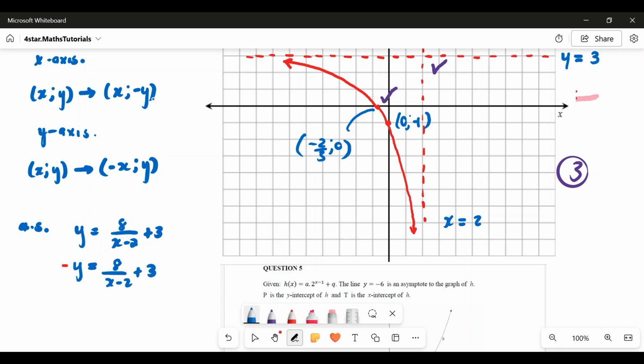We have applied this rule. Reflection about the x-axis, if I have x and y, then x will remain the same, then y is the negative inverse. The same thing we apply to this function: where we see x, we do nothing to x, then we multiply y by negative. Then we need to make y the subject of the formula. y is equals to, we divide by negative.